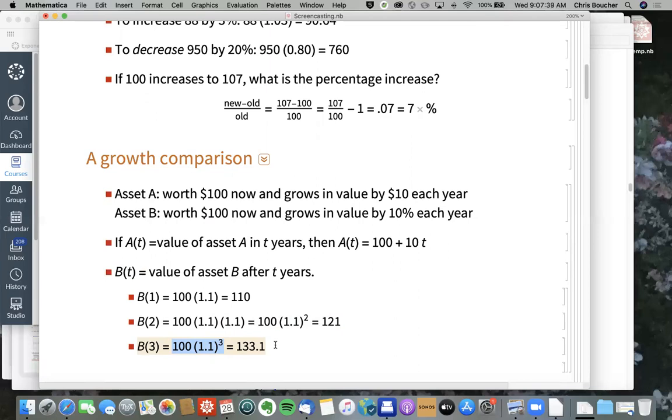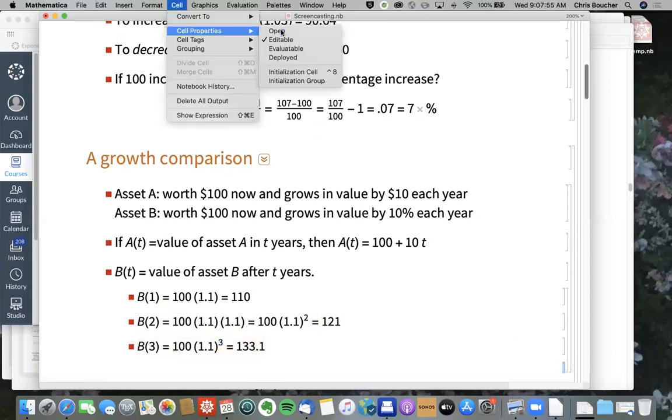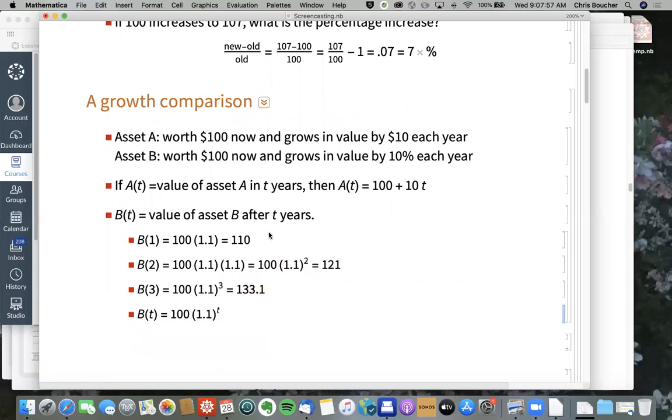Well, I can kind of see the pattern here, right? Here's b of 1, here's b of 2, here's b of 3. So what's changing from value to value is the exponent here, right? b of 4 is going to be 100 times 1.1 to the fourth. And in general, b of t is 100 times 1.1 to the t.